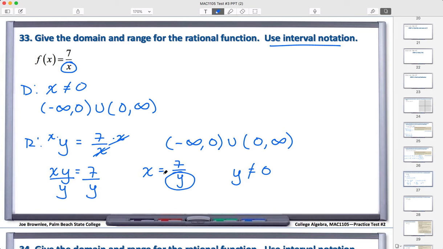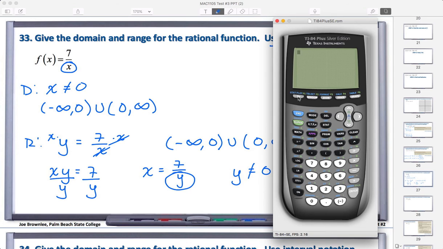Now that we have x equals 7 over y, what are the only values that y cannot equal in this equation? y could not equal 0, otherwise we would have undefined here. And so that tells us that the range is negative infinity to positive infinity, except at y equals 0. But let's confirm that on our graphing calculator.